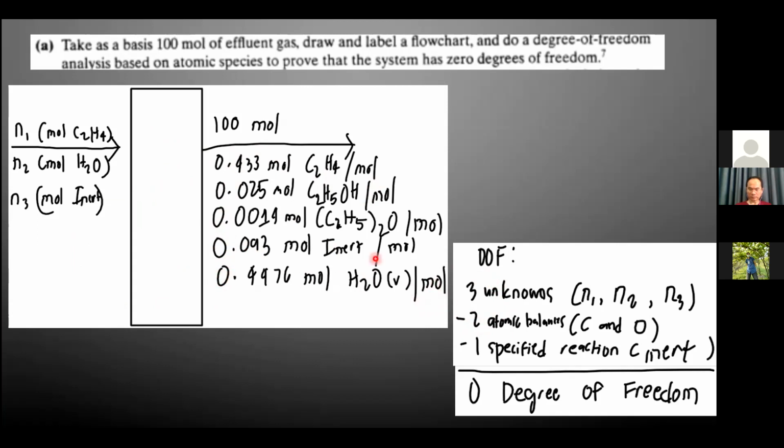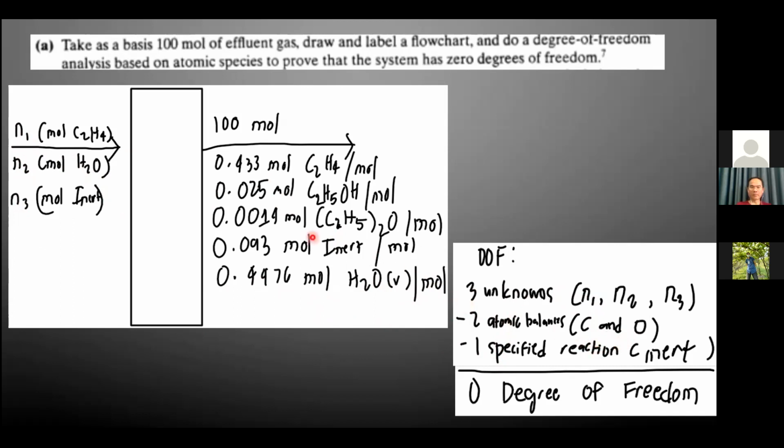From this system, we have three unknowns, which are N1, N2, and N3. And then we have two atomic species balances, which are carbon and oxygen.